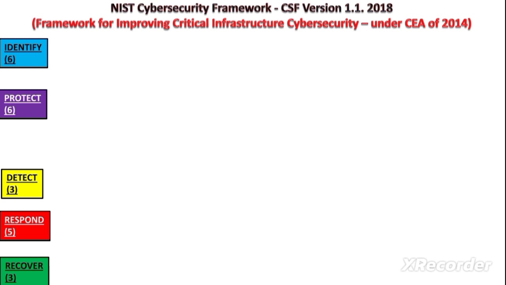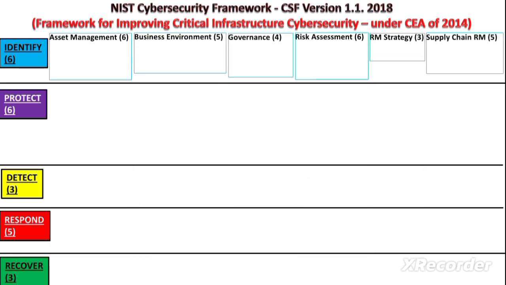Then in each of these core functions, there are certain categories of activities. For example, in identify, there are 6 categories, like asset management, business environment, governance, risk assessment, risk management strategy, and supply chain risk management.